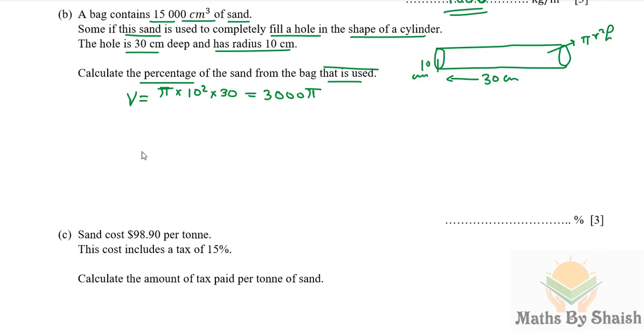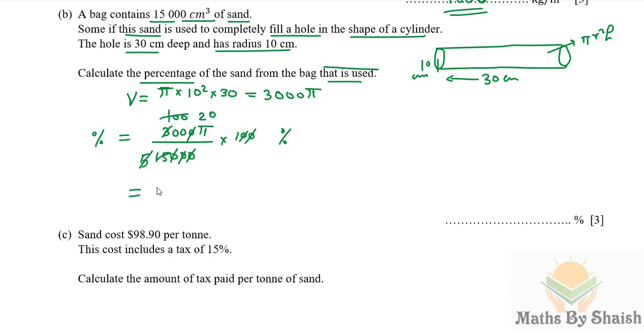And now the percentage would be the volume of sand used in the hole upon the total amount 15,000, into 100. That is going to be the percentage. We can see 1 2 1 2 3 3, these got cancelled. 3, so it is 100, and 5 3 5 are 50, and 5 can also be cancelled. It is going to be 20.